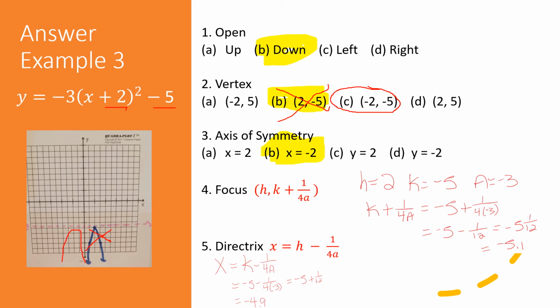And then here's my work for the focus. Again, I need to identify h, k, a, the things required. For some reason, I didn't write this one as a point, but the focus would have been h, then k, which is -5.1.